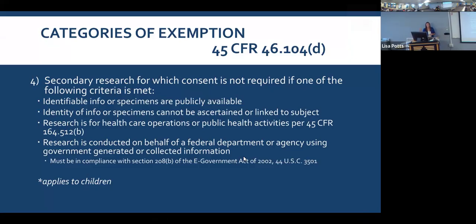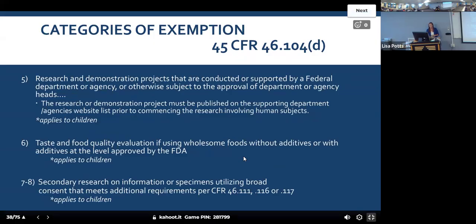Secondary research, information that's collected for non-research purposes, like records-based research, could be exempt, but it also may be expedited depending on the details of the records-based proposal. And I tried to highlight whether or not something applies to children, because not all of the exemptions apply to children.